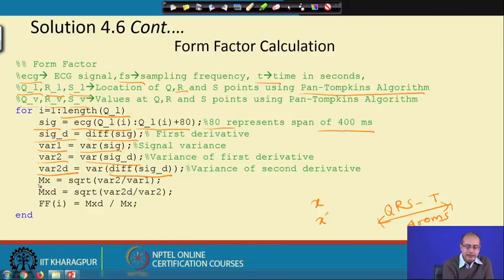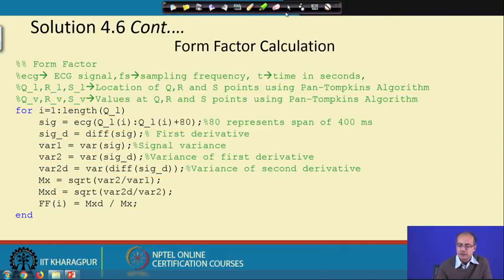We are computing the mobility of the signal and mobility of the first derivative of the signal, and taking the ratio of the mobility of the first derivative of the signal and mobility of the signal to give the form factor of that particular cycle. Okay. So, that is the way, just using the formula we have computed the form factor for each of these cycles.